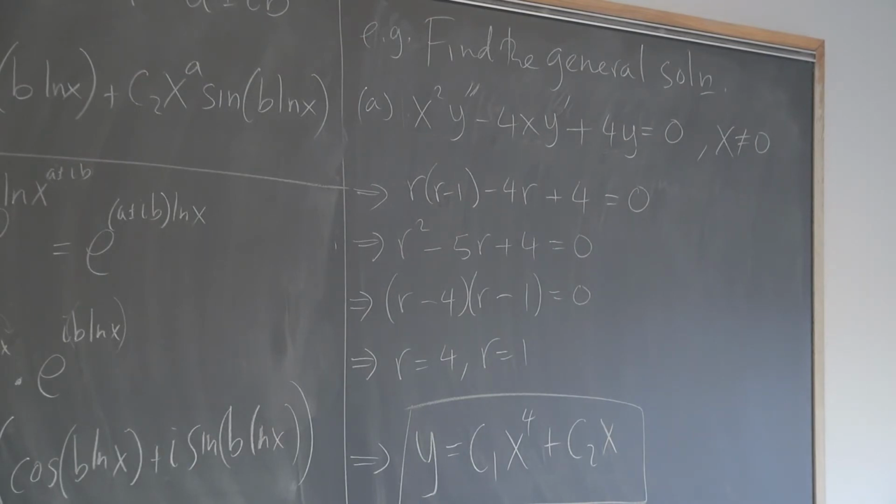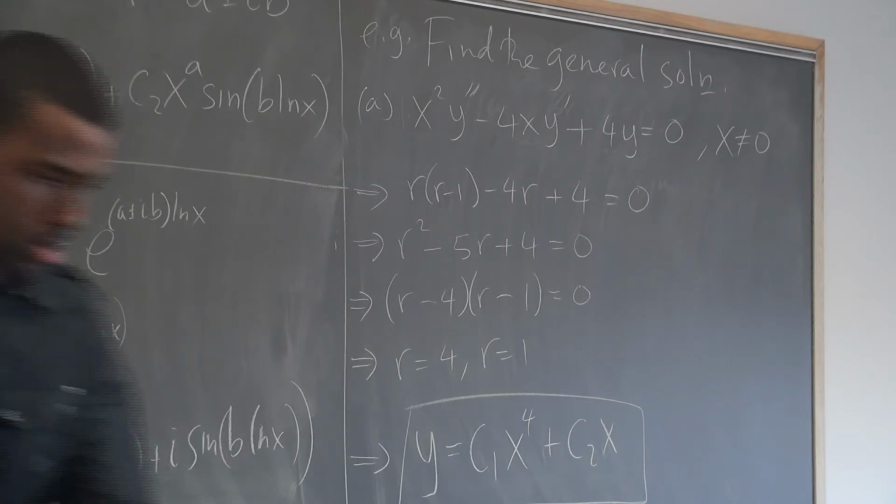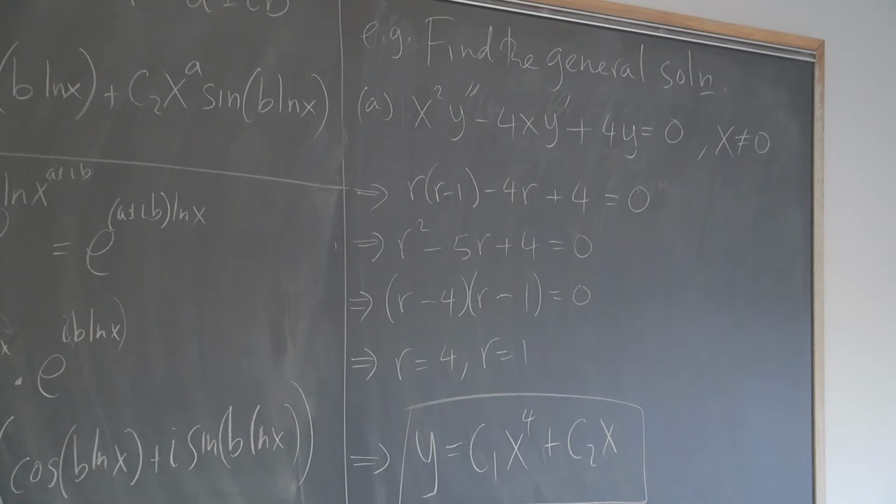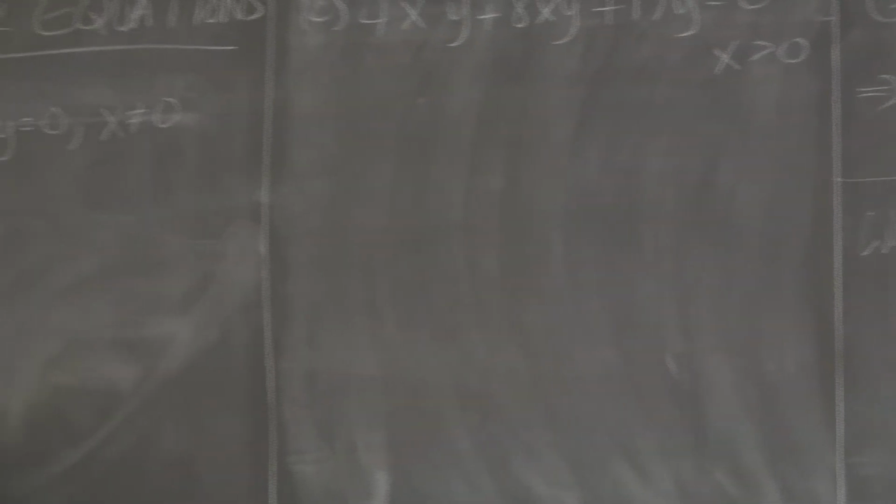So we look at this one and we see it's also an Euler equation because it has the quadratic form. Okay, so what do we do in this one?